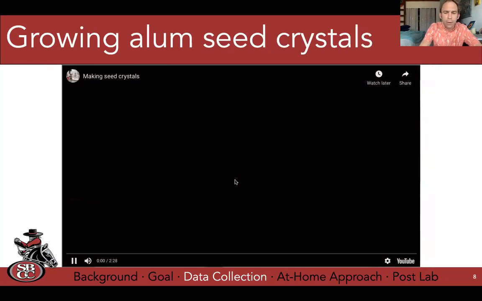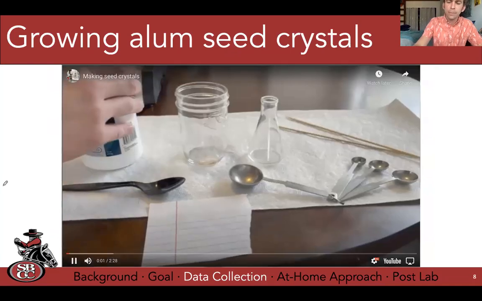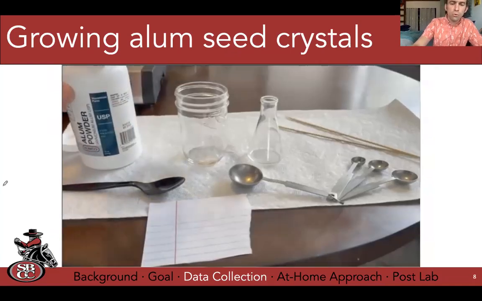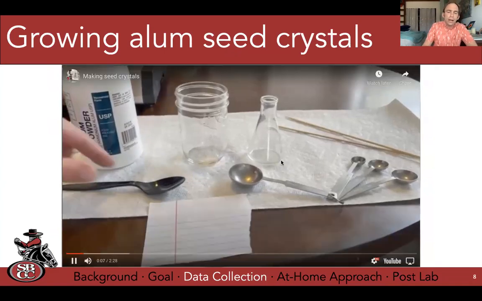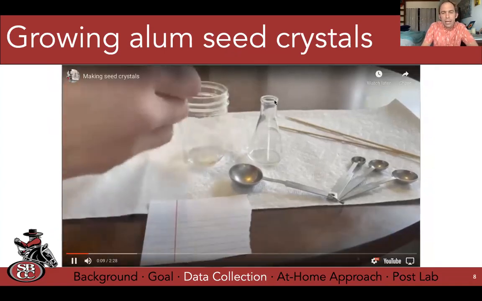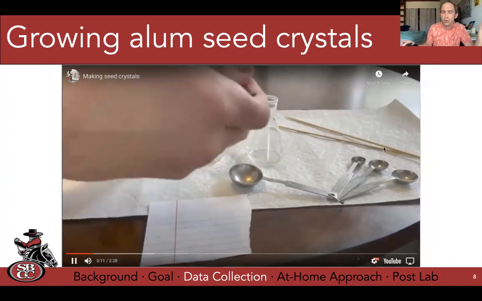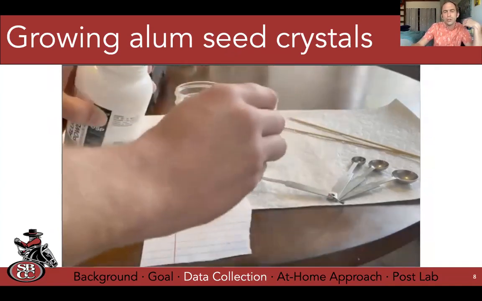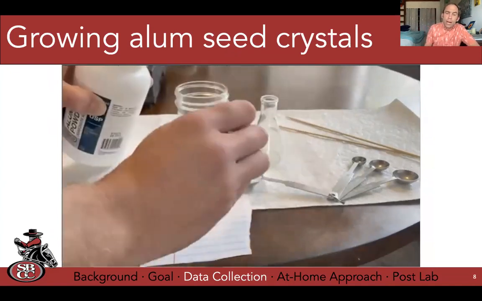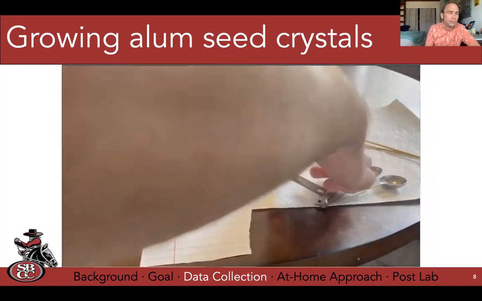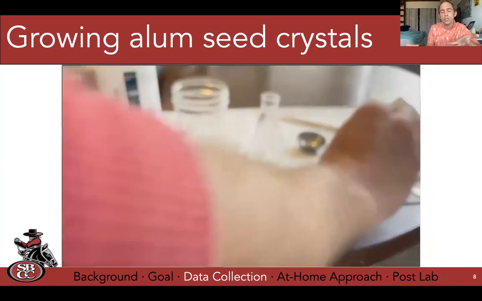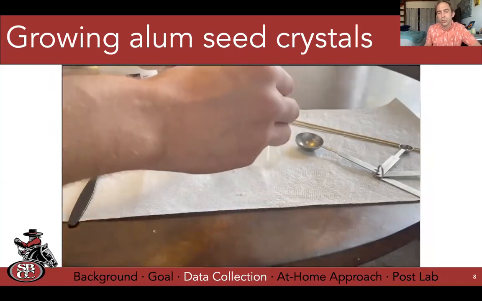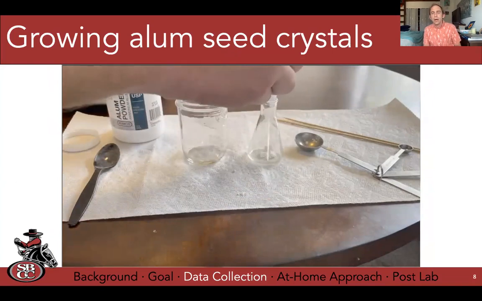So let's take a look at what that first step is going to look like. There's no sound here, so I'm just going to talk over it. If you're using a container that's got a narrow neck, like I have the Erlenmeyer flask, and of course, once you go back into the lab and you're using something like an Erlenmeyer flask, then a piece of weigh paper normally is what you would use, but you can just take a piece of binder paper as a transferring tool to be able to get your alum in your container.